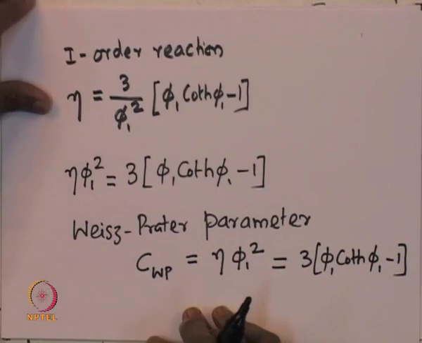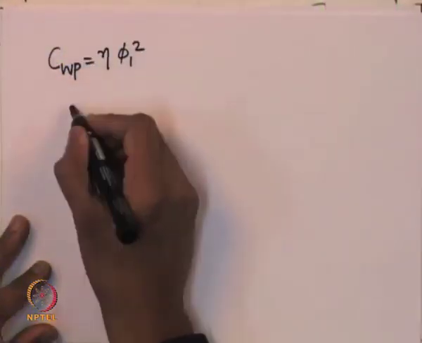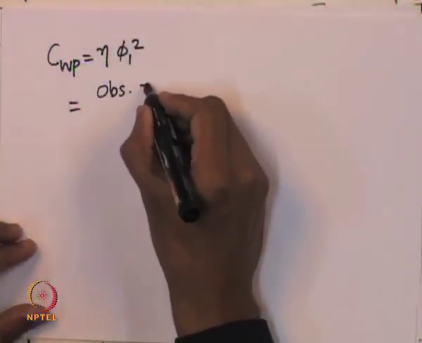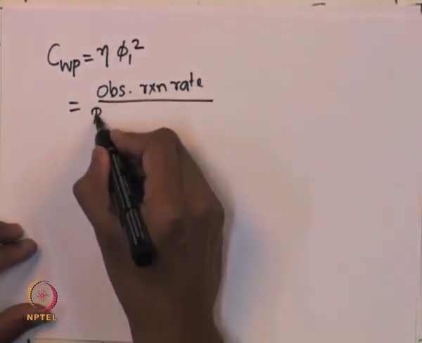So, what is this parameter? Let us look at the meaning of this parameter CWP, which is eta into phi 1 square. The effectiveness factor is essentially the ratio of the observed reaction rate to the reaction rate evaluated at the bulk concentration CAS.